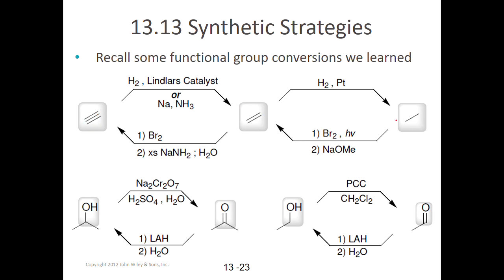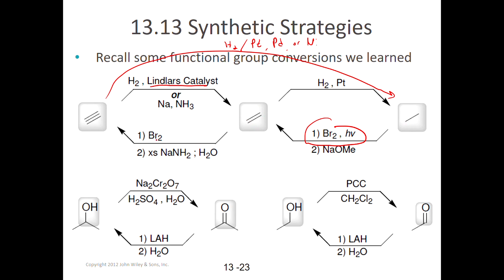We can shift those back and forth, reducing an alkyne to an alkene. We need the Lindlar catalyst to prevent it from going all the way to the alkane. If we wanted that to occur, we would just use hydrogen and platinum, palladium, or nickel as a metal catalyst. Now that we know this free radical reaction, we can put a bromine on here and do the elimination to make that into an alkene.